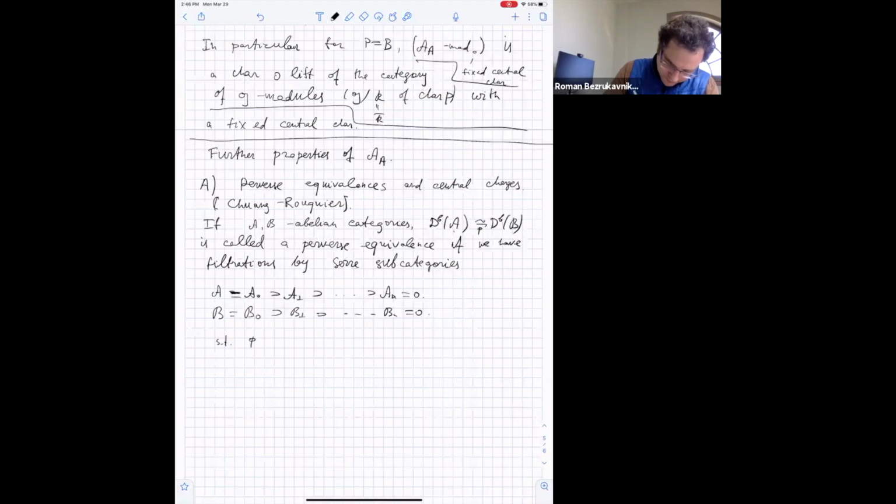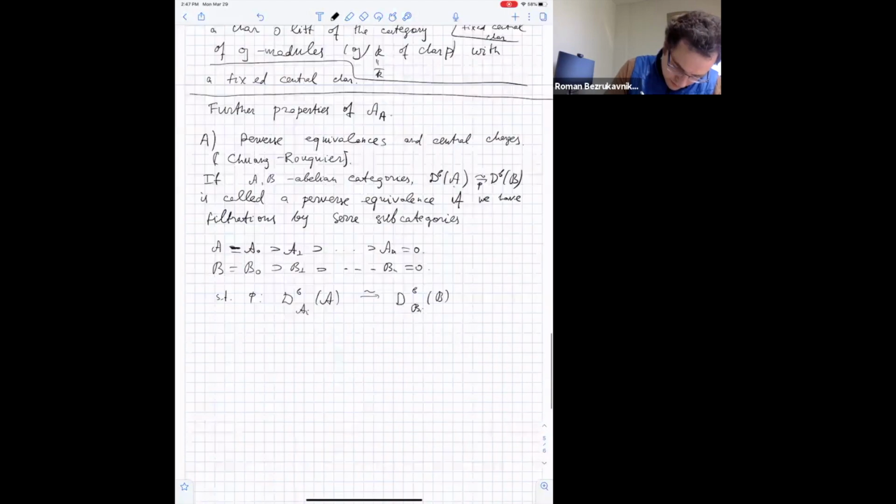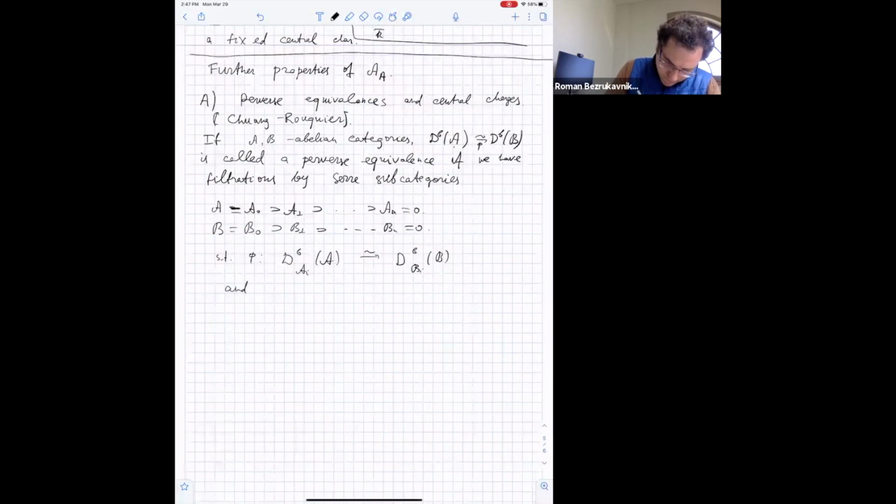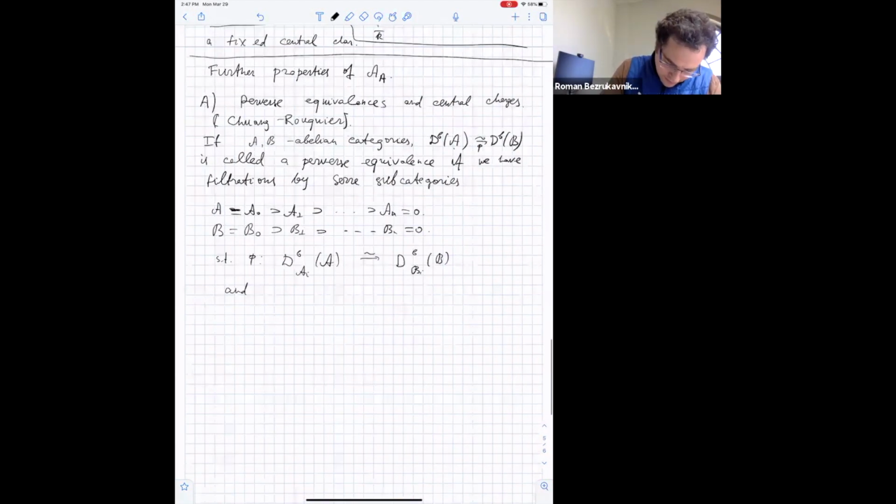The phi sends the full subcategory with cohomology in A_i to the full subcategory with homology in B_i, and the induced equivalence on the subquotients is in fact exact with shift by i, and induces basically A_{i-1} to B_{i-1} with shift by i.